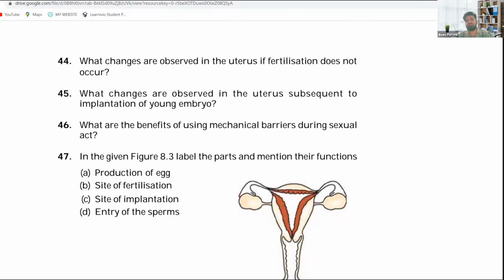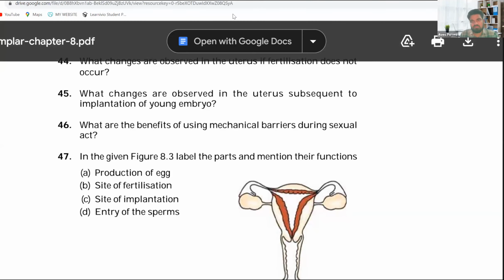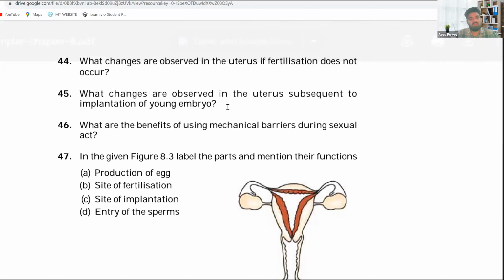Question number 47. Production of eggs is done by the ovary. Site of fertilization?